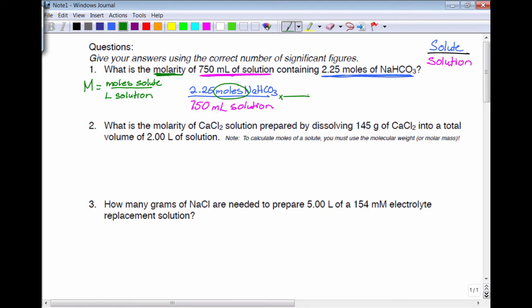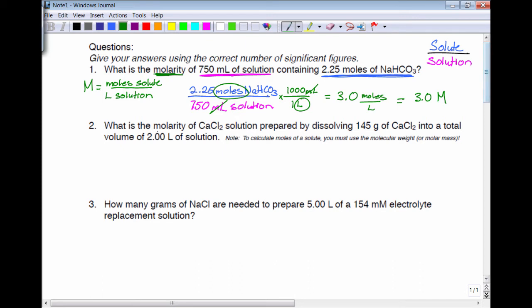We can do this with a simple unit conversion, knowing that 1,000 milliliters is equal to 1 liter. Milliliters cancels out, and we get liters of solution on the bottom. The answer to this would be 3.0 moles per liter, which is the same as saying 3.0 molar. Now let's try the next one.